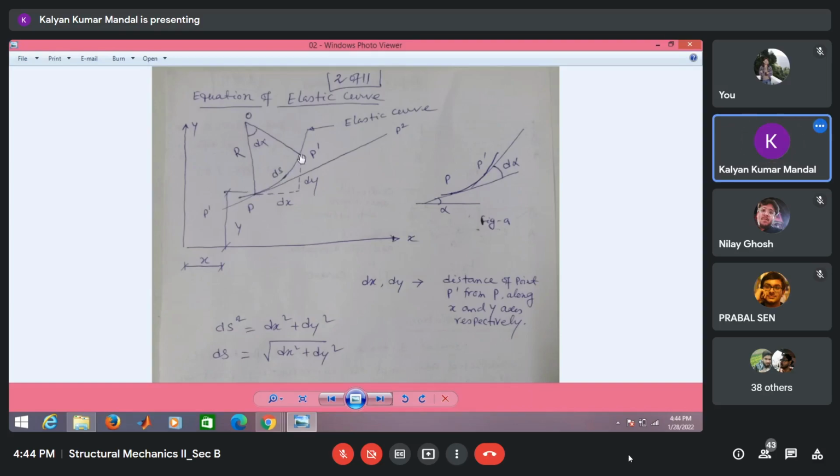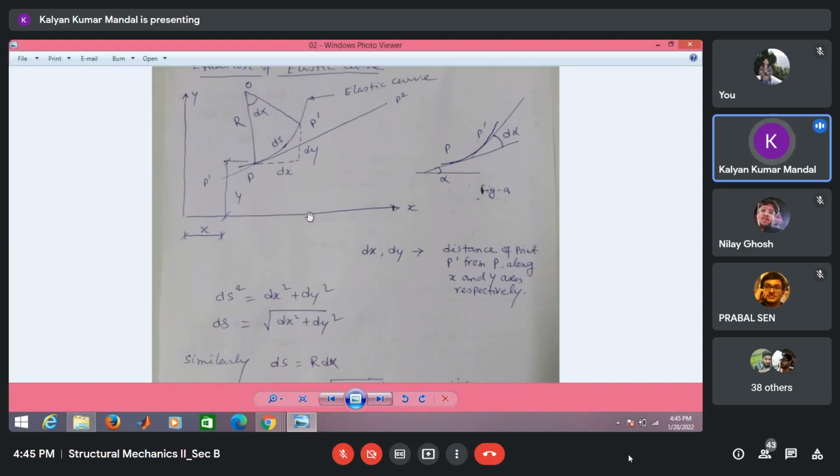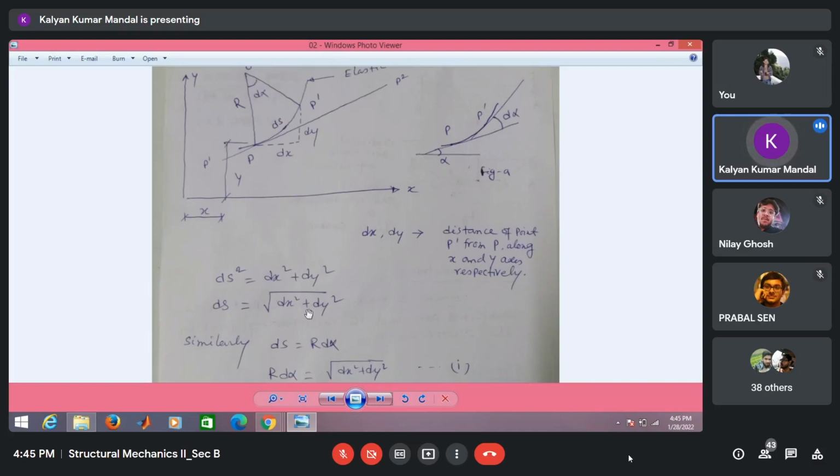This portion of the elastic curve makes an angle d alpha at the center, and the radius of curvature is r. Now we can write ds square is equal to dx square plus dy square, or ds is equal to root under dx square plus dy square.